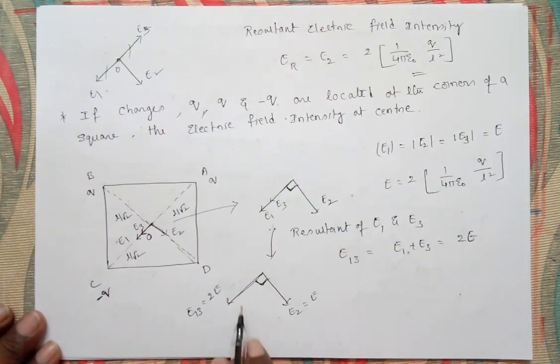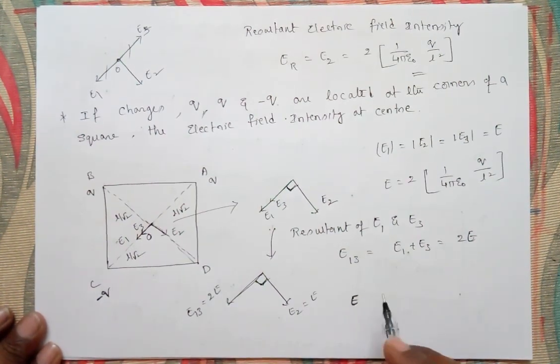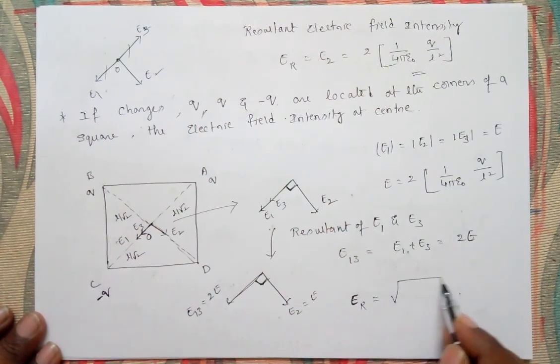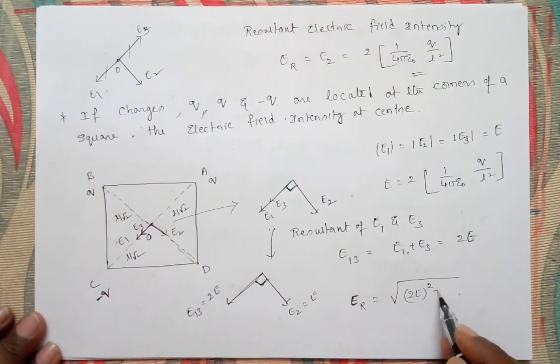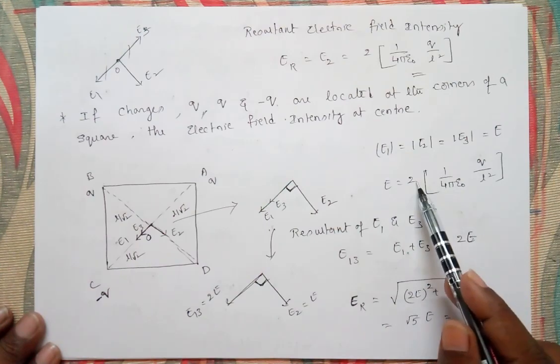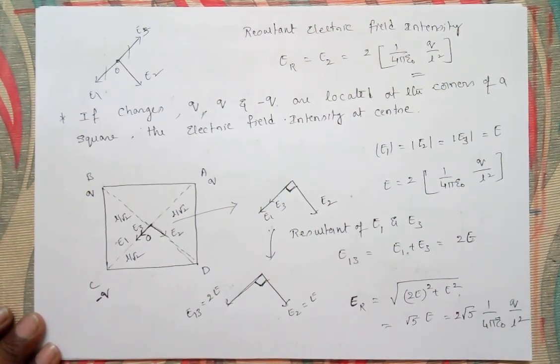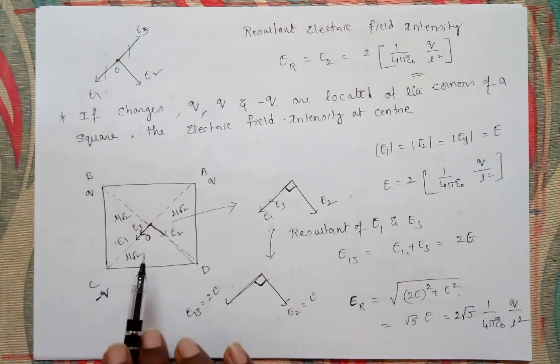If two vectors have an angle of 90 degrees between them, the resultant ER equals the square root of (2E) square plus E square, that is root 5 E. So that is root 5 into 1 upon 4 pi epsilon naught into Q by L square. So this is the net electric field intensity at the center.